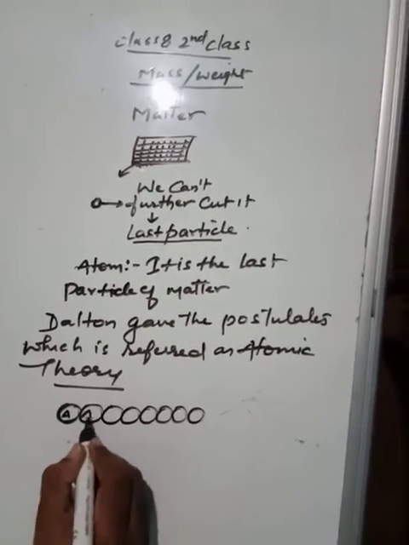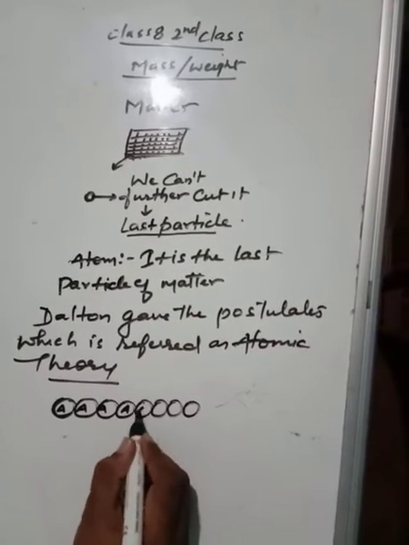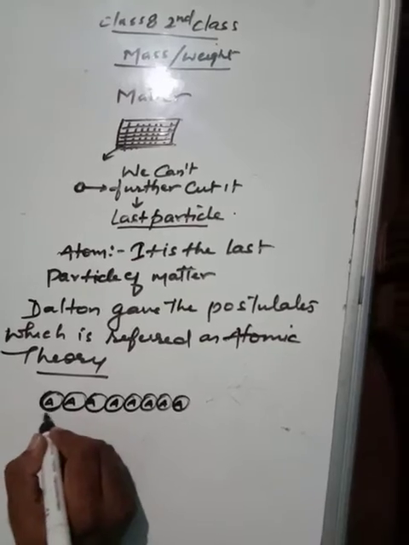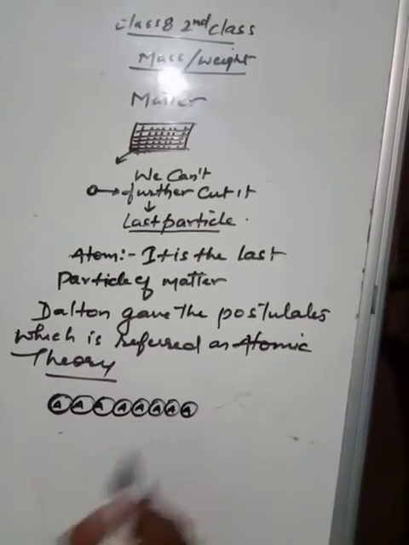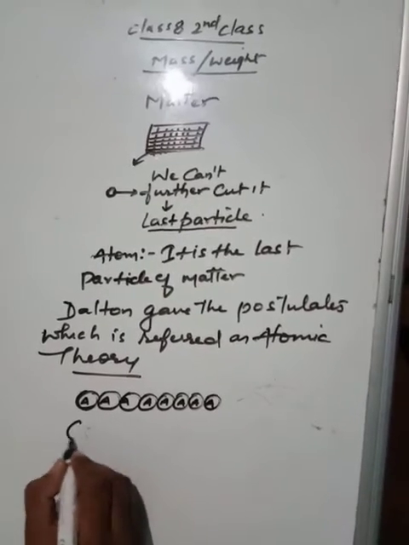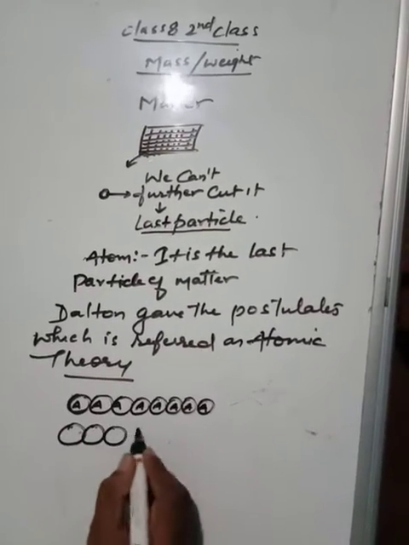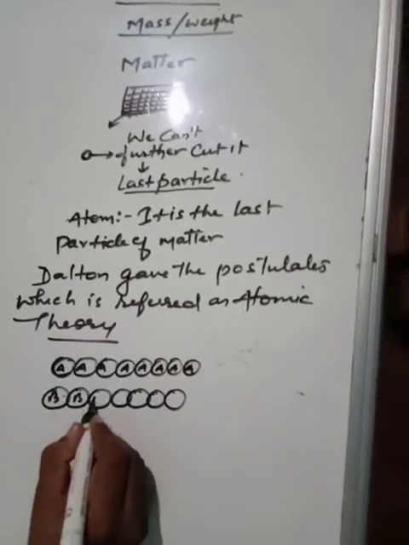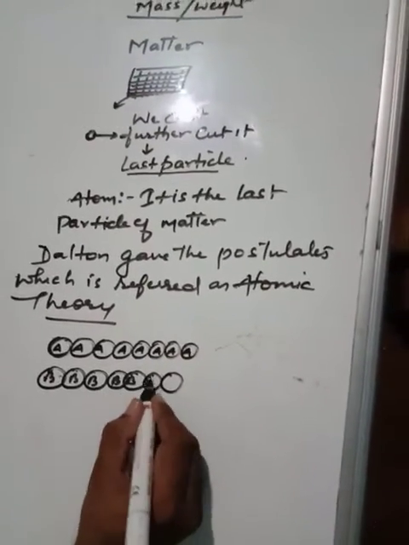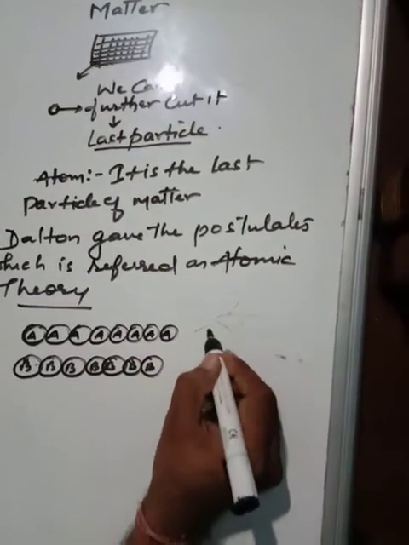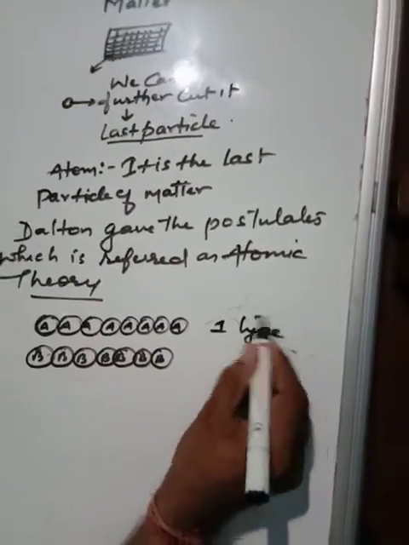So an atom of an element of a substance will have the same types of atoms. Suppose we consider the second one, then the atom of the second one will have the same types of atoms. This is one type. This is second type.